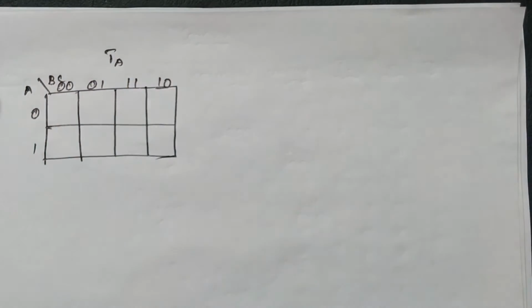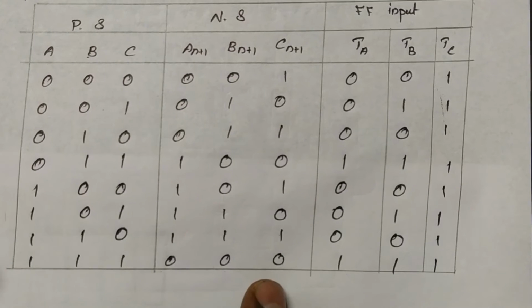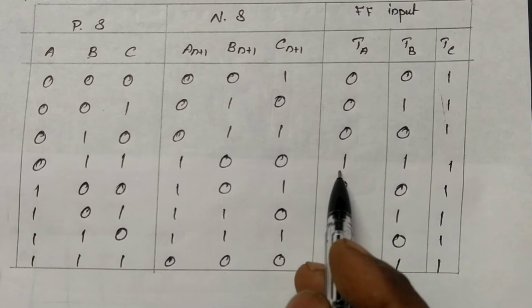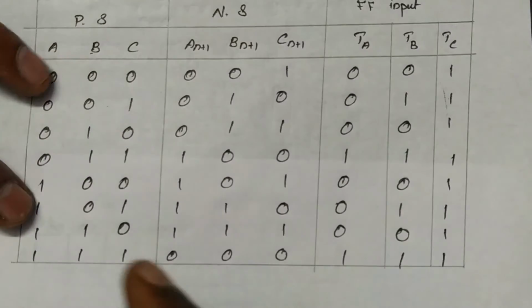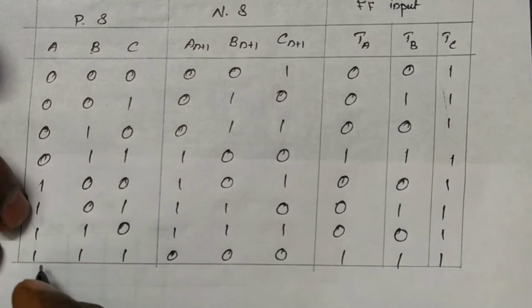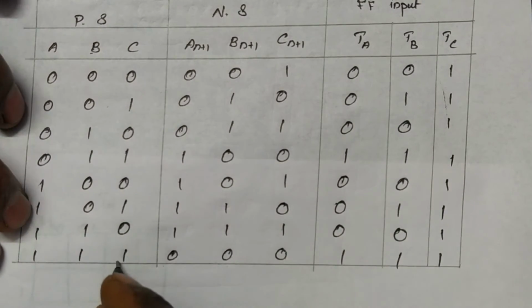Here A, B, C, here 0, 1, here 0, 0, 0, 1, 1, 1, 1, 0. So from the state table, here we are having 1, respective input is 0, 1, 1. Therefore it's 0, 1, 1. Here we need to make it as 1. Likewise, here we are having 1, respective input is 1, 1, 1.